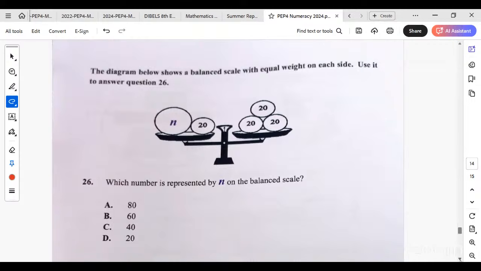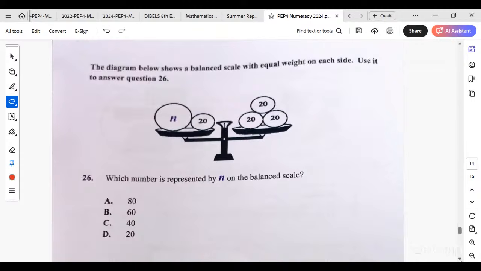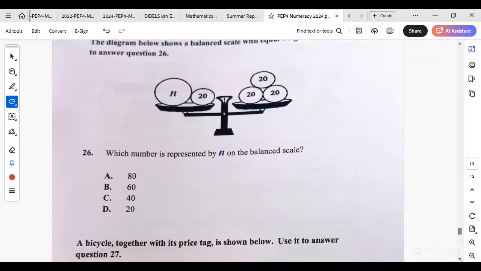So we already have 20, but we don't know what n is, so we would need to find the difference between 60 and 20. And so n, which represents the unknown, would be 40. So n weighs 40. 40 plus 20 is 60, which would be equal to 60 on the other side. Correct answer for 26 is C.